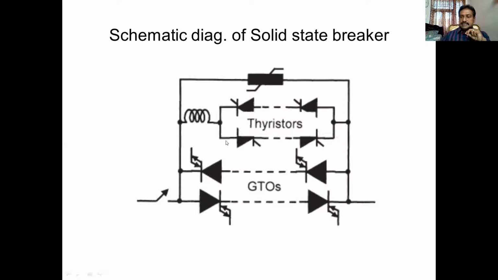When a fault develops, the switch is opened immediately. Otherwise, the thyristor switches are in the conduction mode. When the fault is developed, it is opened. Therefore, the current flows in the opposite direction, through the snubber circuit as well as the current limiter circuit.